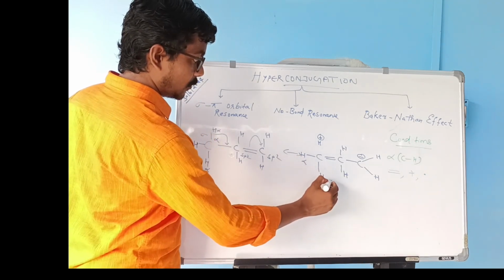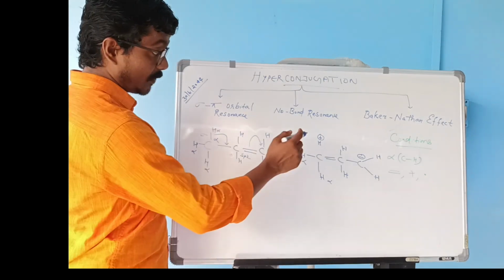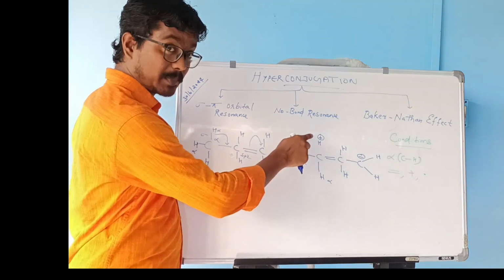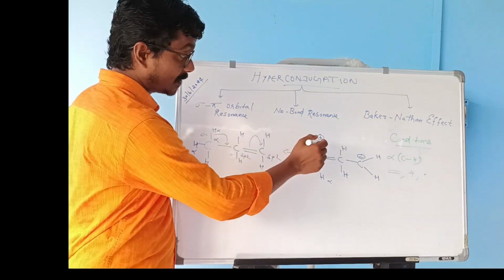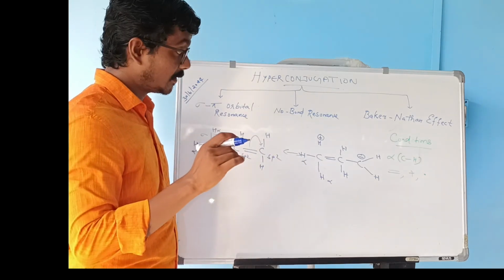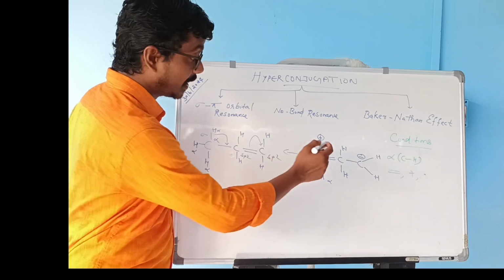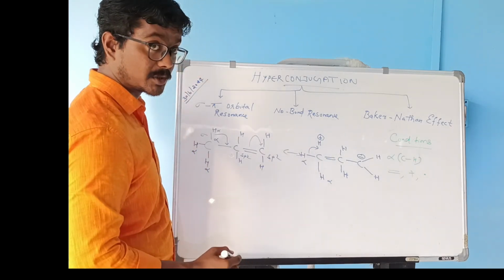Still there are two alpha hydrogens. We cannot predict that this H plus ion is free to move, because this H plus ion is bonded with the p orbital of this carbon atom. So this bond will come to here.